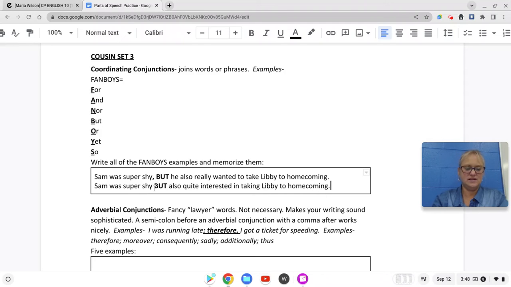Okay, so what I did here, this one, we don't have the comma because also quite interested in taking Libby to homecoming is not a sentence. So if we don't have a sentence on both sides, we don't have the comma.